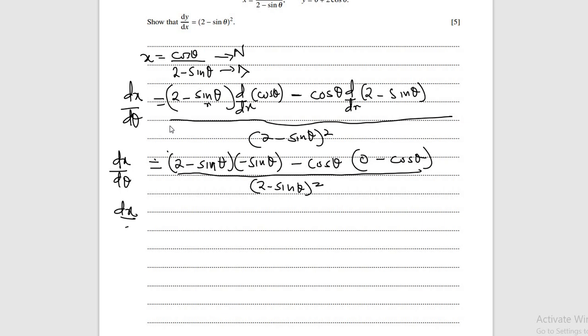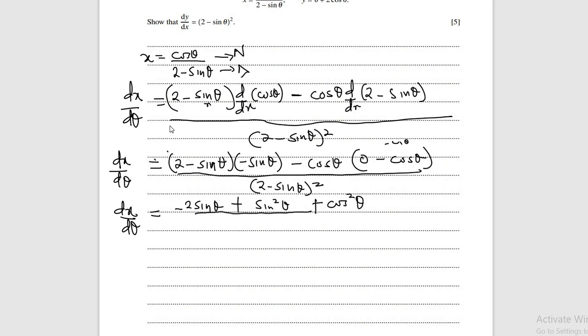Hence, the dx by d theta will be, open the bracket by minus sine theta. So when you open the bracket by minus sine theta, you're going to have minus 2 sine theta plus sine squared theta. Here, 0 minus cos theta is minus cos theta. Minus cos theta times minus cos theta is plus cos squared theta.